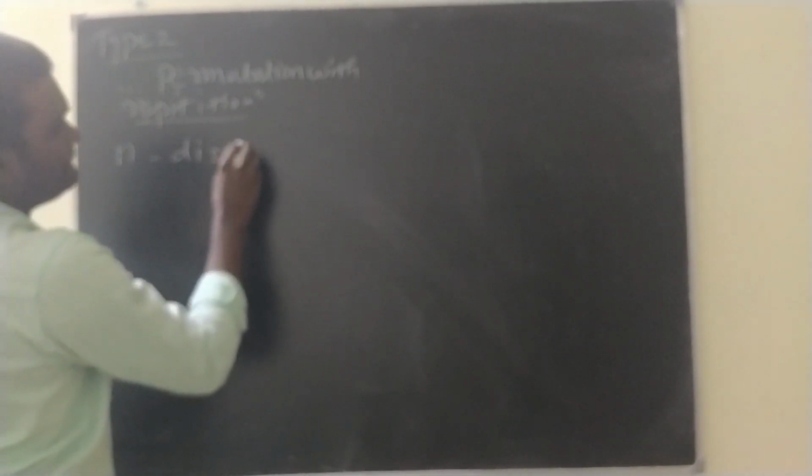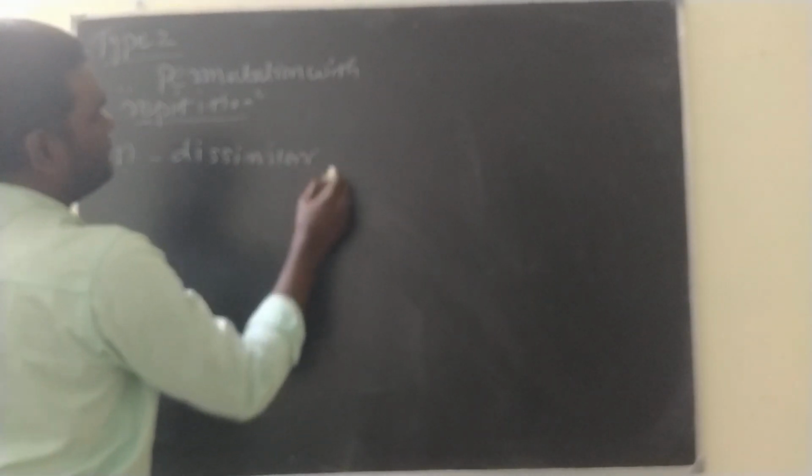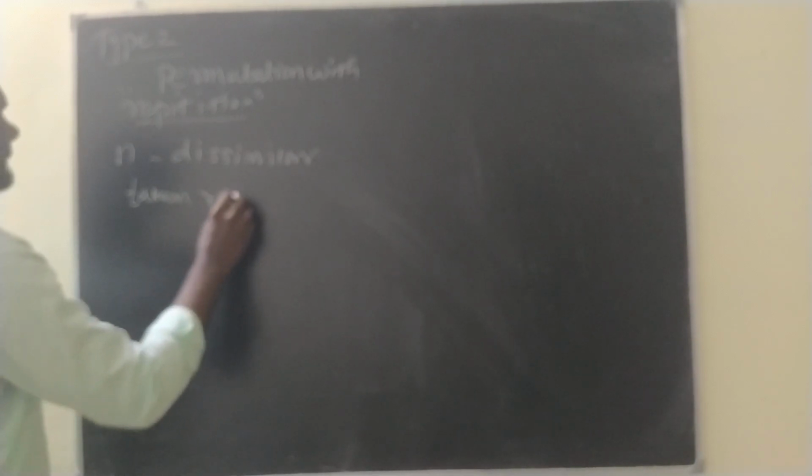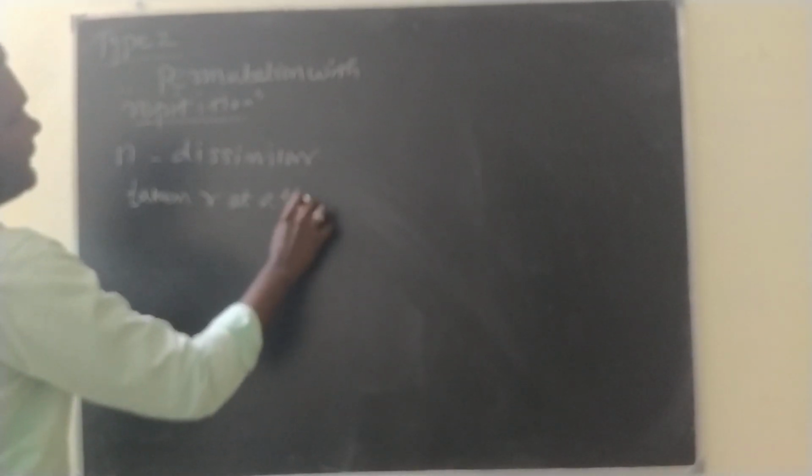Repetition means what? We have been given n dissimilar things taken r at a time, and repetition is allowed.